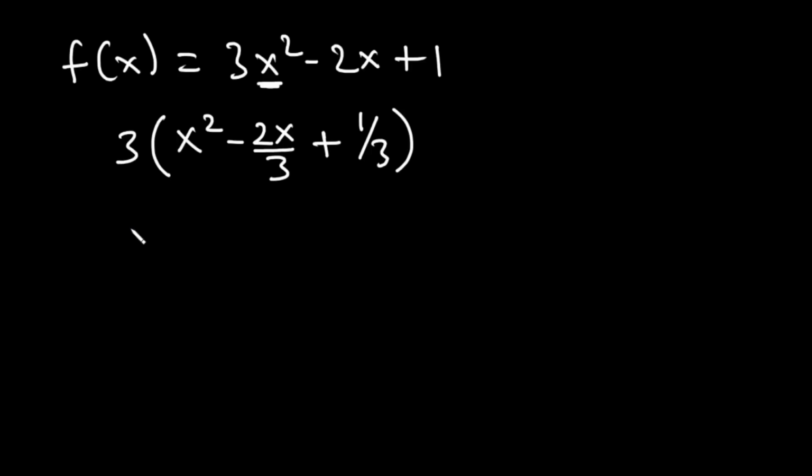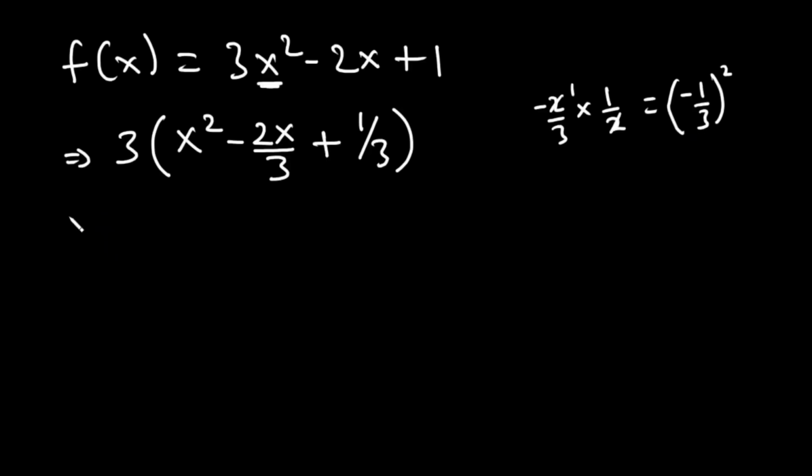Next, we need to add and subtract the square of half the coefficient of x. The coefficient of x is -2/3. So half of it means that we are going to multiply by 1/2. 2 goes into itself 1, and then we have -1/3. And then the square of -1/3 is -1/3 squared. So let's fuse that into this equation.